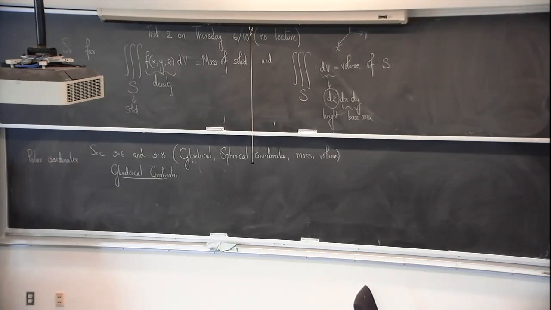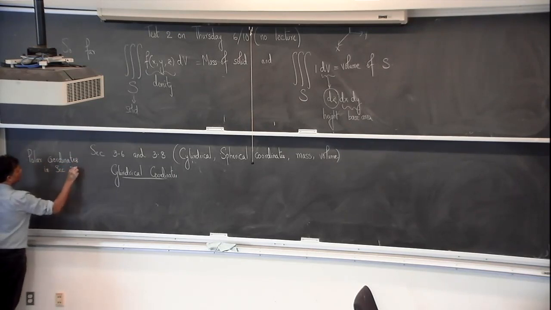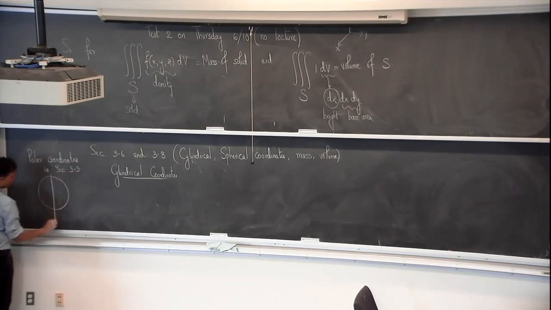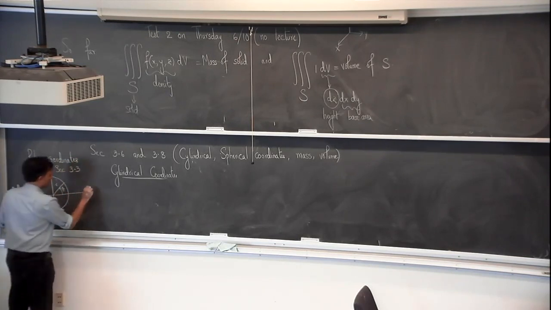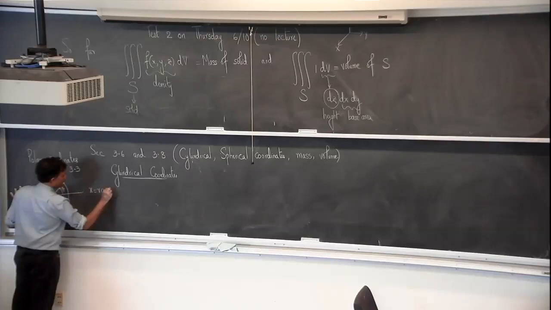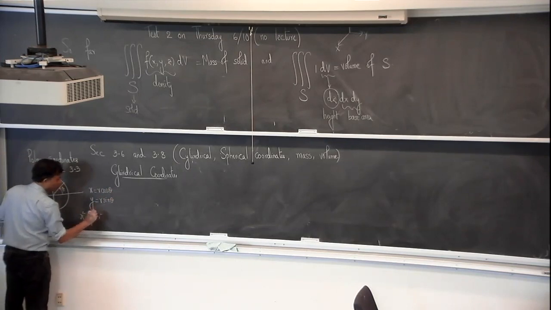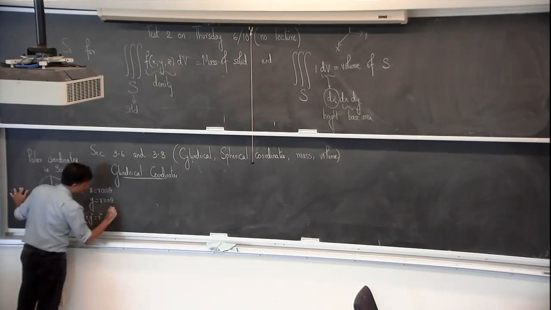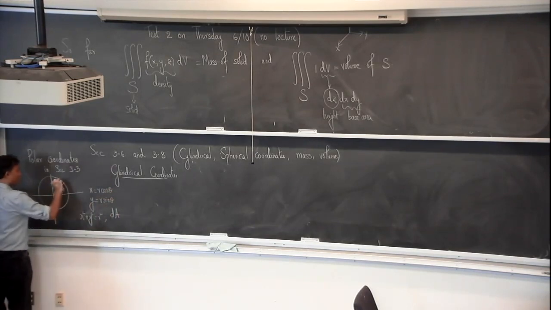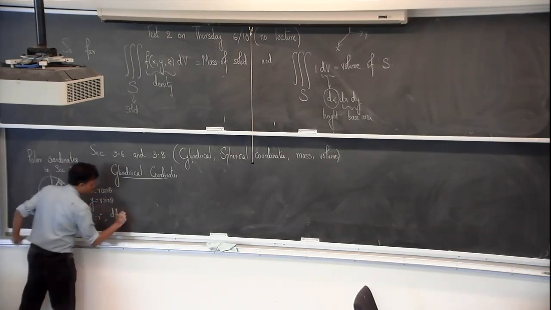Cylindrical coordinates is just a very small extension of polar coordinates in section 3.3, which had this circular region with radius r and this angle theta, which is counterclockwise from the positive x-axis, and you had x equal to r cosine theta, y equal to r sine theta, and x squared plus y squared is r squared, which I think was a very important part of your quiz last week, and also dA, which is a small area element here, is r dr d theta.